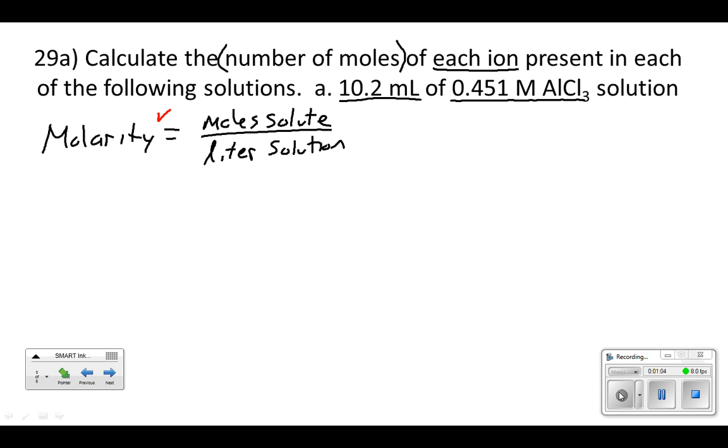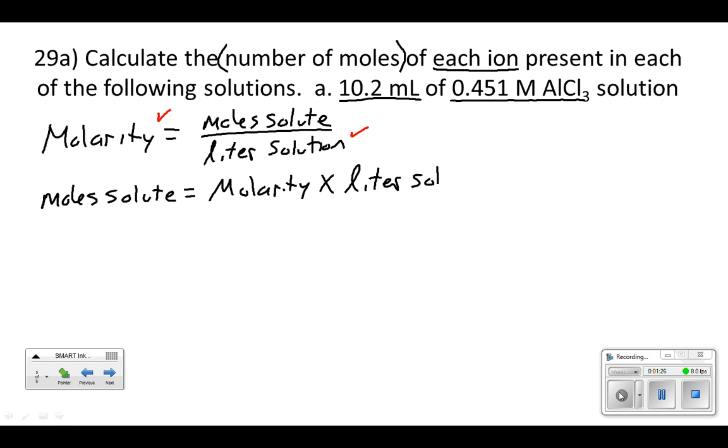It's not in liters, but we can make that conversion. So we know those two things, and we need to find moles, which is what we were asked for. So if I rearrange that, then moles of solute will be the molarity of the solution times the liters of the solution.